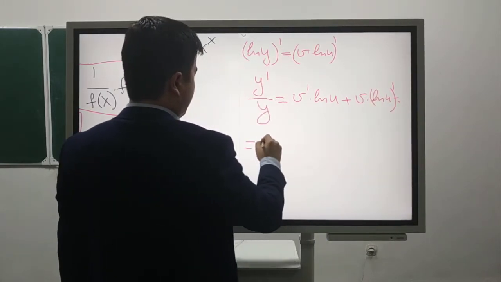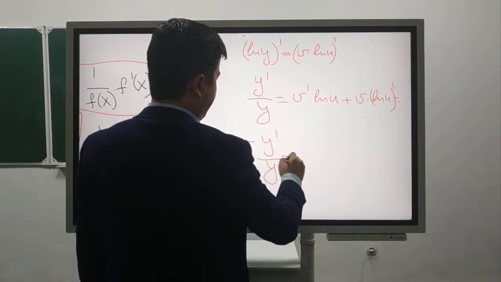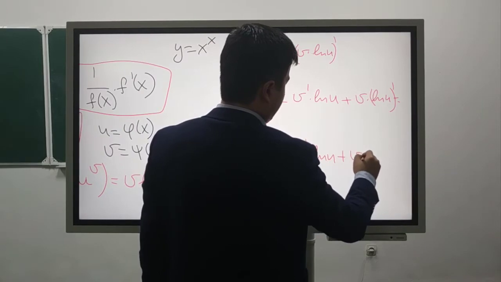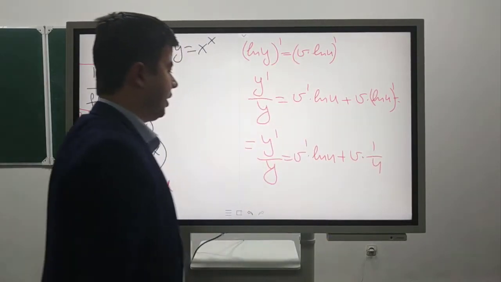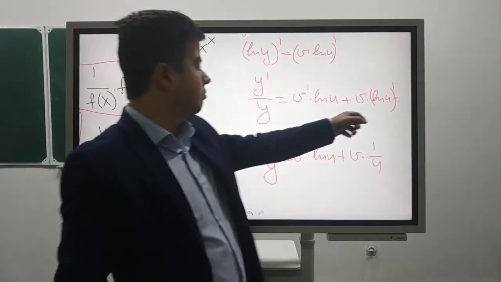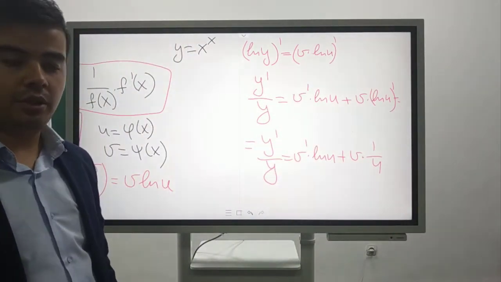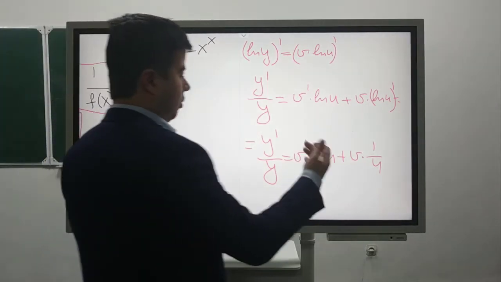If we continue, it is y prime over y, v prime times natural logarithm of u plus v times 1 over u. Yeah? Because the derivative of natural logarithm of u is 1 over u.